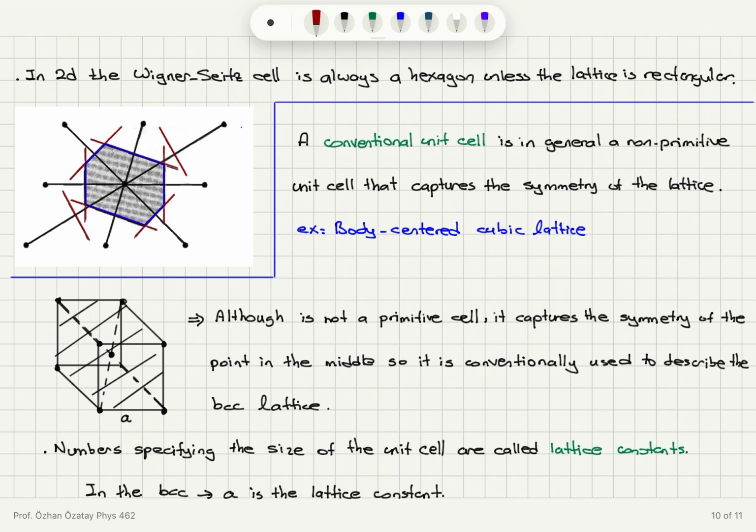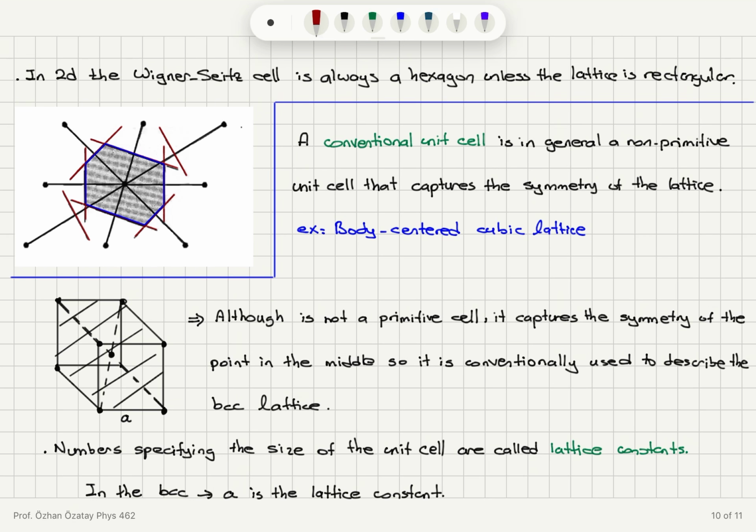In 2 dimensions, all Wigner-Seitz primitive unit cells are hexagons for non-rectangular lattices. In addition, we can talk about a conventional unit cell that is not a primitive unit cell per se.